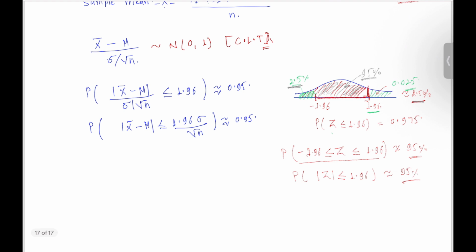Further, we can write this as X bar minus mu being greater than or equal to minus 1.96 sigma divided by root n, and less than or equal to 1.96 sigma divided by root n.